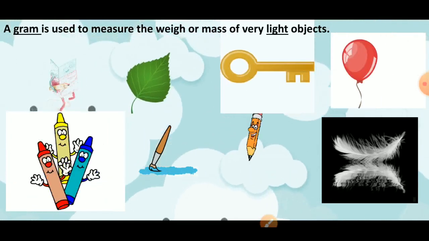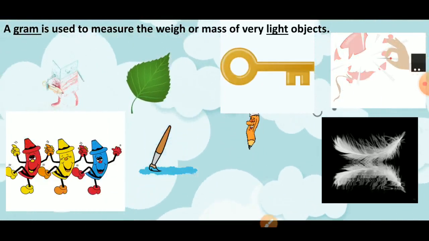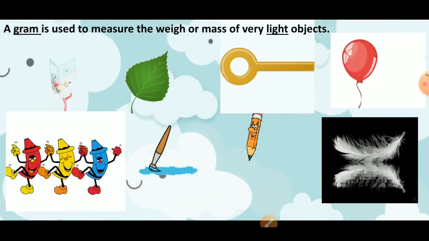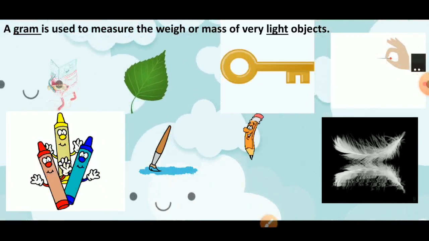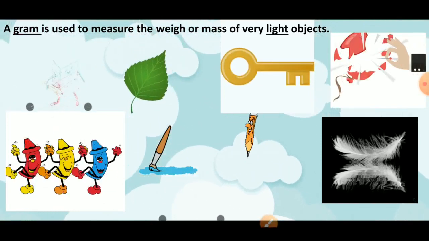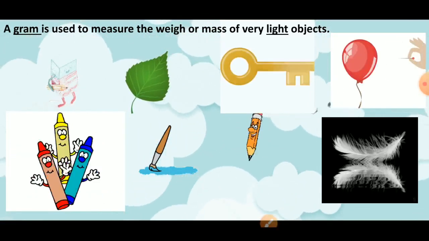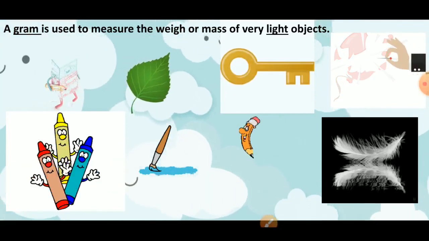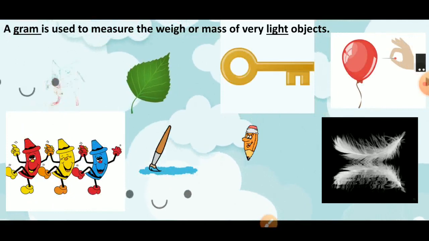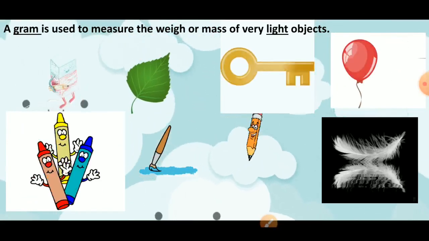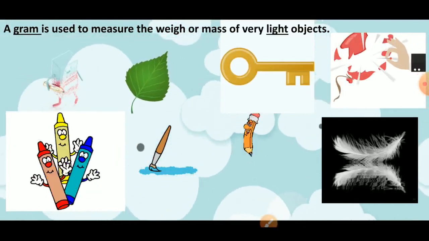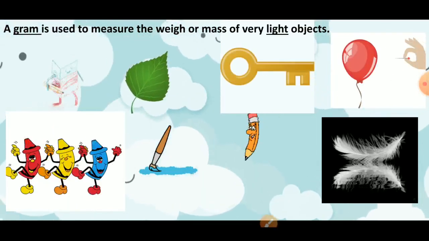For that, we need to use suitable units to measure the mass of an object. There are two units, gram and kilogram. Gram is used to measure the weight or mass of very light objects like eraser, leaf, key, balloon, crayon, paintbrush, pencil, feather. All these objects are smaller in weight.